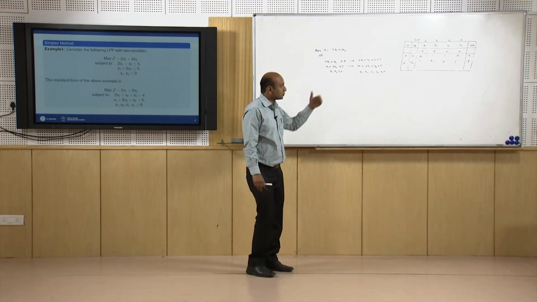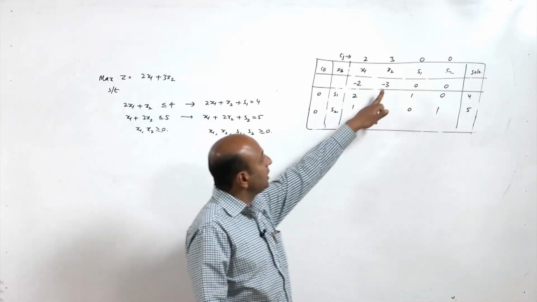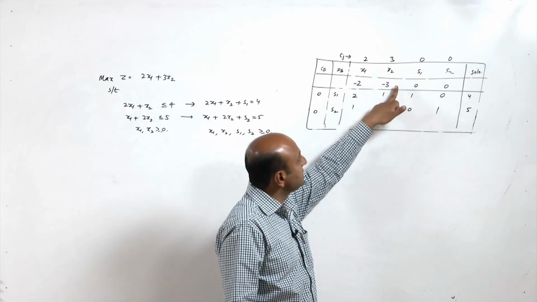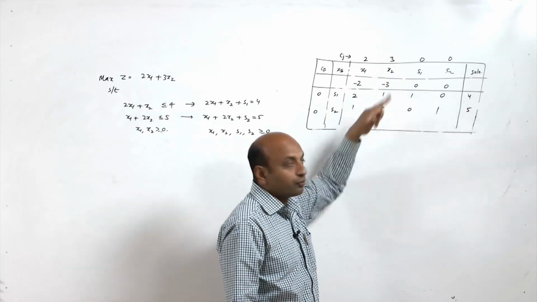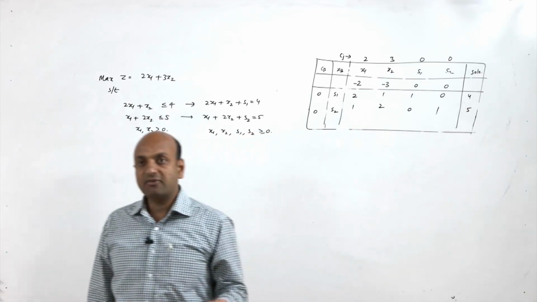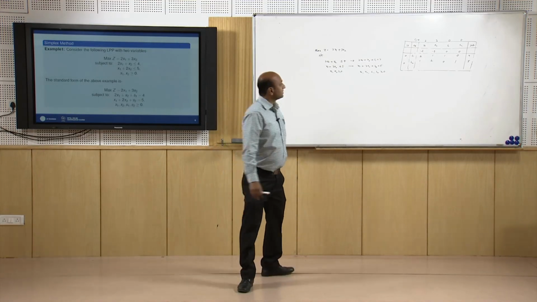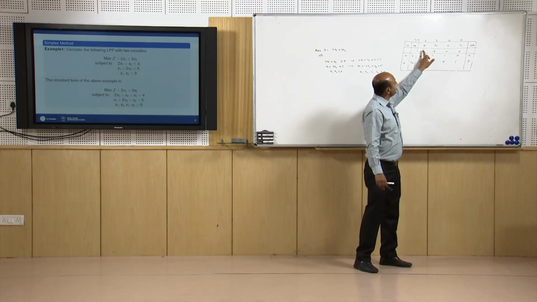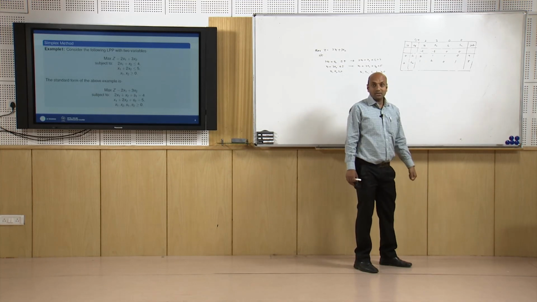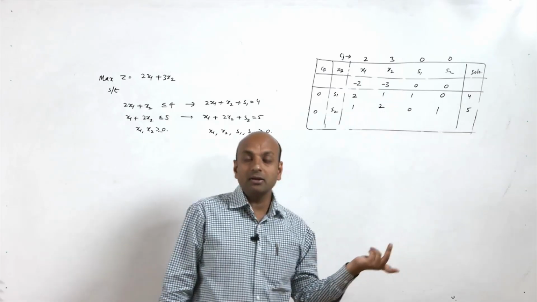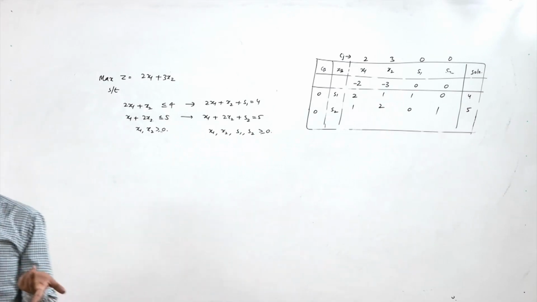You can verify also. If you increase x2 from 0 to 1, the net change in the value of z is 3 units. So, this is giving a higher value, because if you increase x2 from 0 to 1, the increase in the value of z is 3 units.